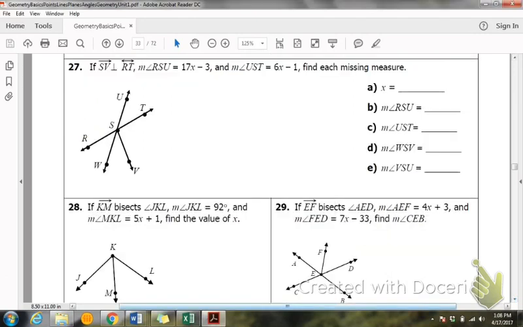It says if SV is perpendicular to RT, what does perpendicular mean? 90, right? So SV, let's go ahead and put our 90-degree symbol in here. SV is perpendicular to RT.